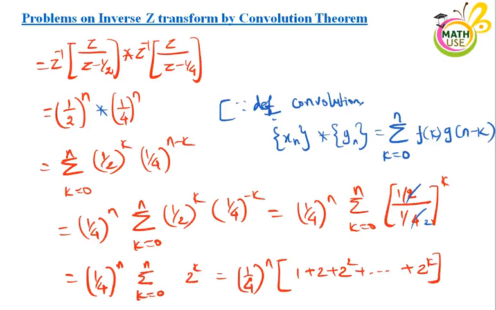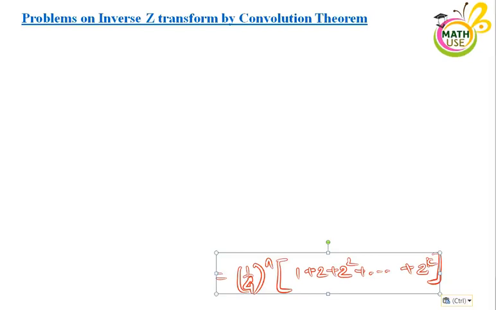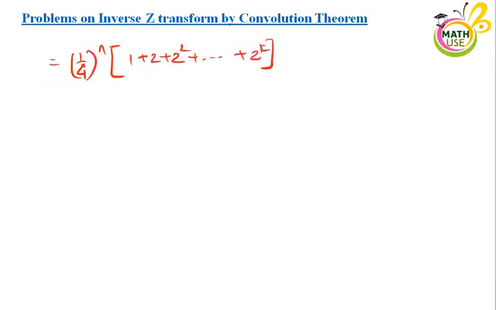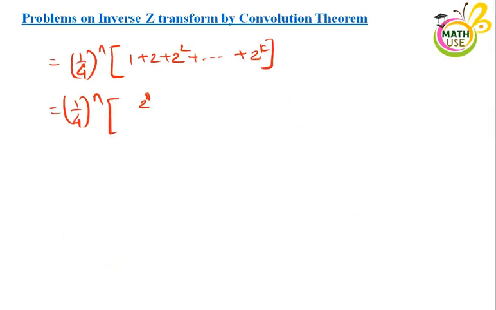So the short form of this series is 2 power n plus 1 minus 1 divided by 2 minus 1.